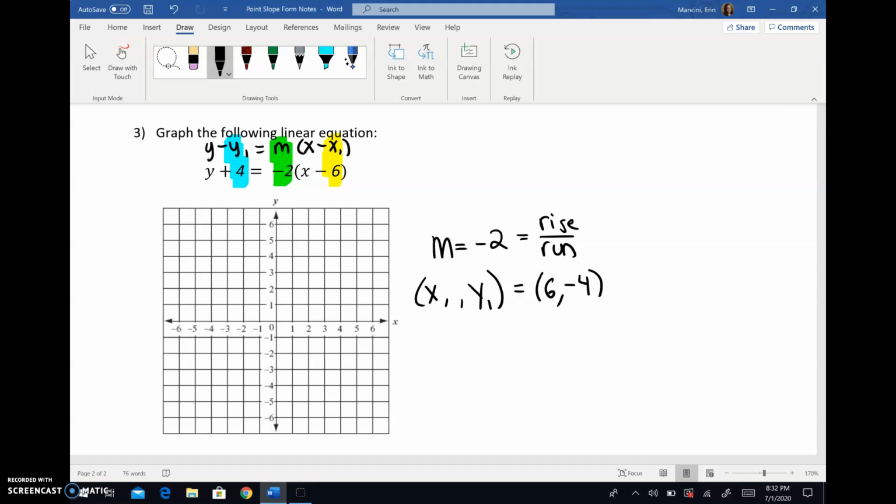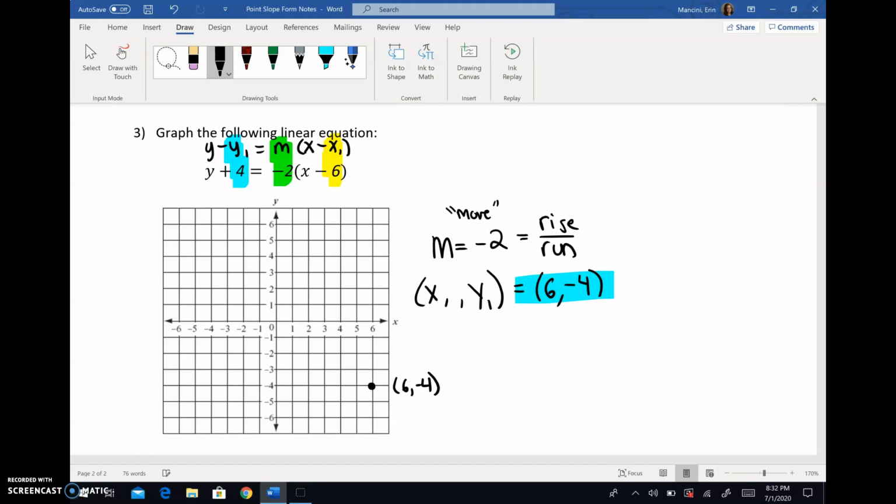slope-intercept form. We're going to start by plotting a point, but we don't have the y-intercept to plot, right? We have this point. So you're still going to start with a point, but that point is 6 on the x and negative 4 on the y, which would be right here. This is the point 6, negative 4. And then your slope tells you how to move from that point.